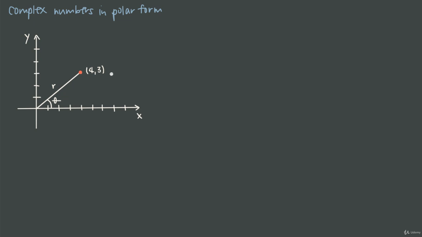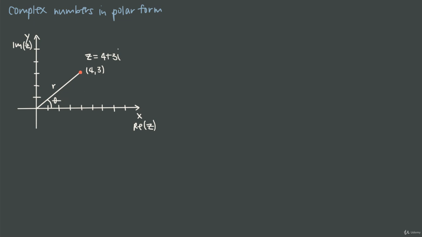The reason that we want to do that, remember, is because if we call this the complex plane, and we say that this is the real axis and this is the imaginary axis, then this point here, 4, 3, is actually the complex number z equals 4 plus 3i. So being able to convert from 4, 3, or 4 plus 3i, to polar coordinates is going to allow us to convert this complex number into something in terms of r and theta.